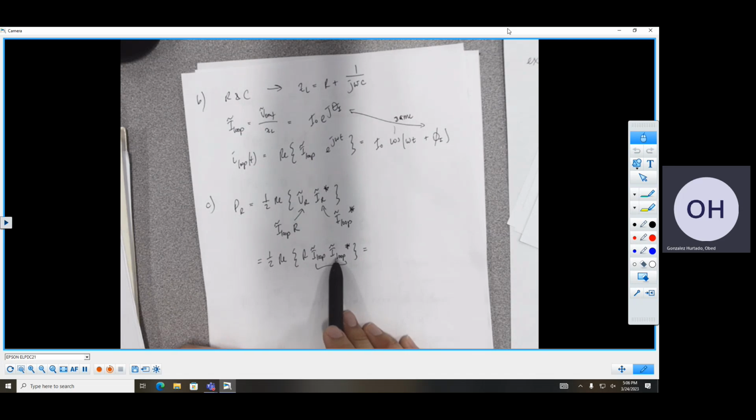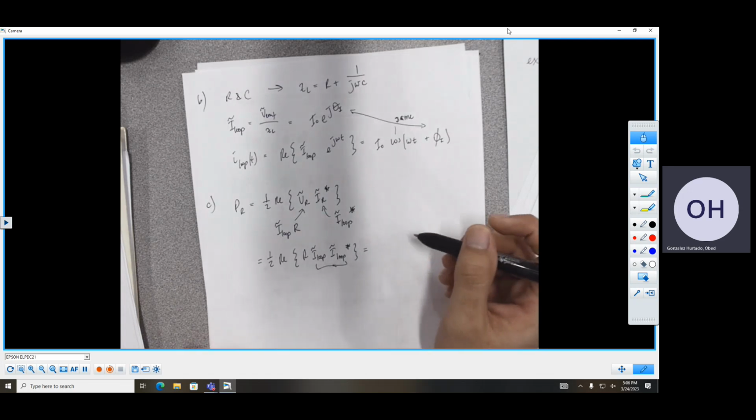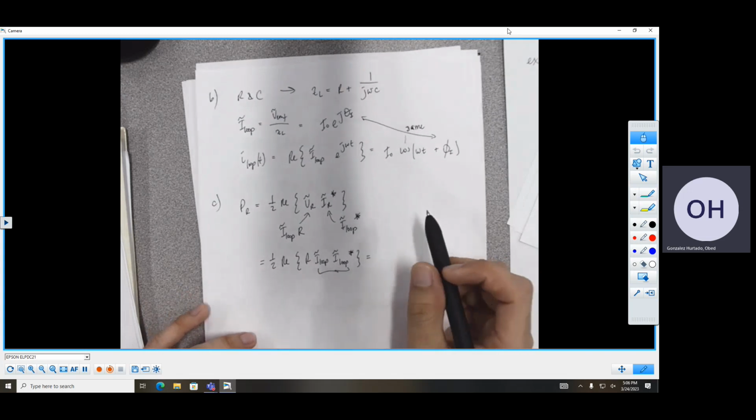Do you know what that is equal to? The normal part times its conjugate, it's its magnitude.